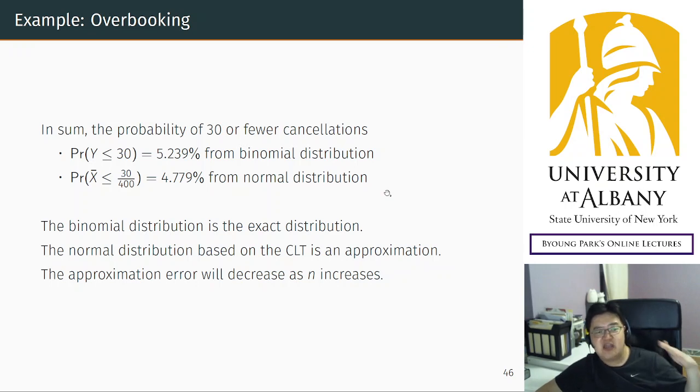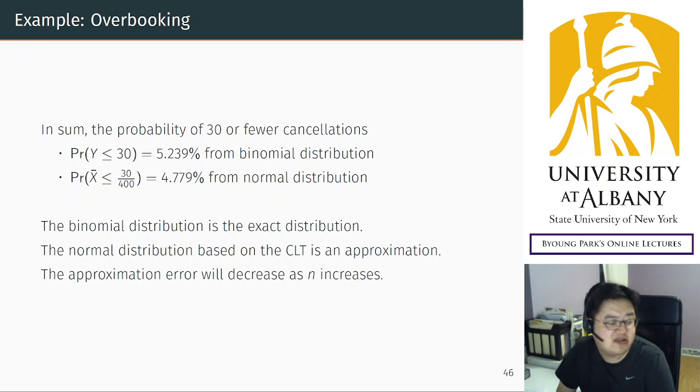So as n increases, the binomial distribution becomes less attractive, but the normal distribution becomes more attractive. That's a simple trade-off between them, and that's the relationship between these two. Remember, the normal distribution is just an approximation.